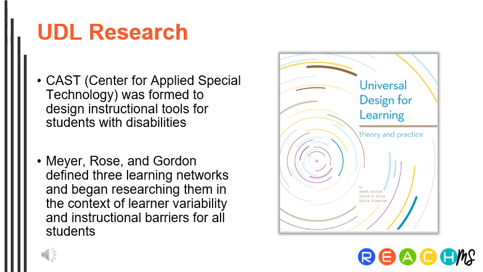And what they found out was there are 3 learning networks in the brain that activate when students learn. So they started researching those in the context of learner variability. They started studying all of the different types of learners in the classroom and what barriers are getting in the way of learners receiving information.